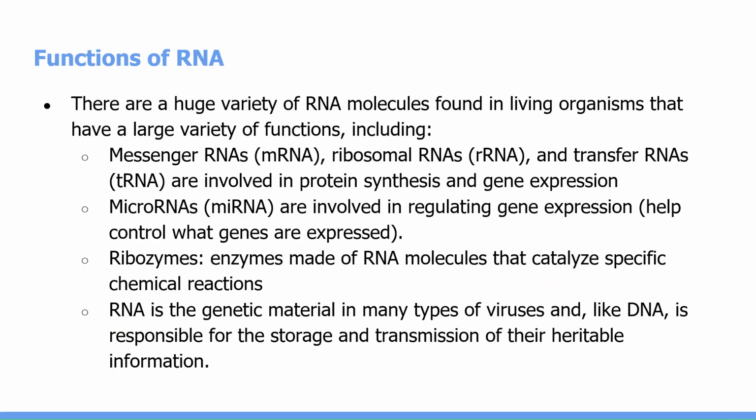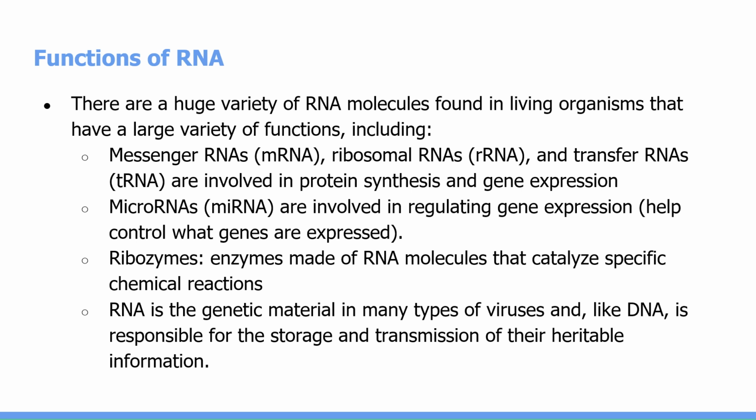There are many different types of RNA molecules found in living organisms, and they all have different functions. The biggest ones we're going to cover in detail are protein synthesis and gene expression in the next lecture. Those involve messenger RNAs, ribosomal RNAs, and transfer RNAs.